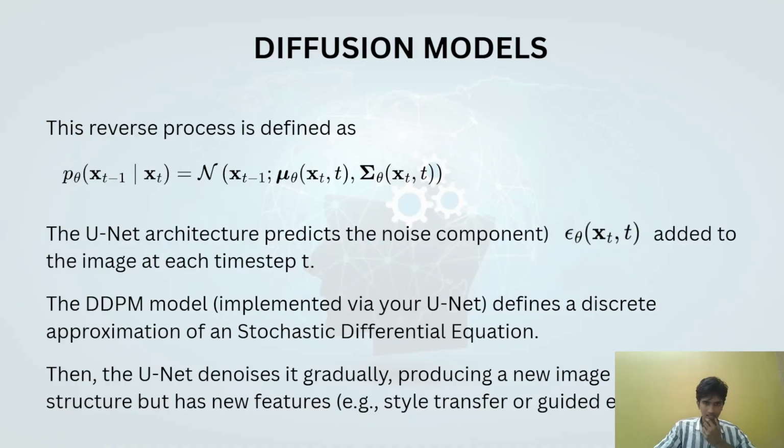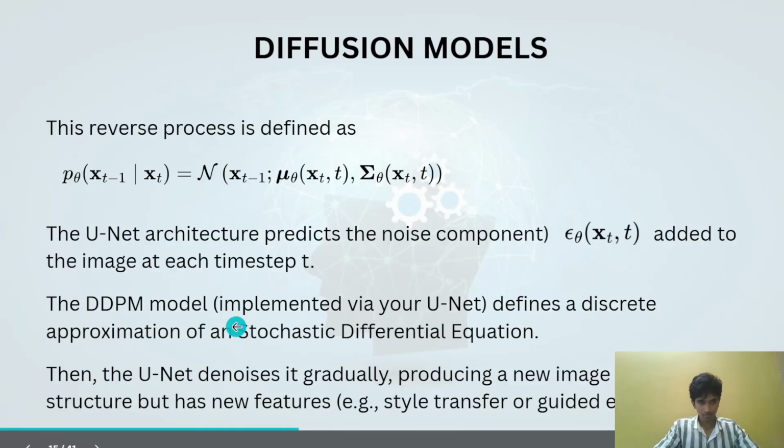The UNet architecture tries to predict the noise component, epsilon theta, added to the image at each time step t, because if it is able to detect the noise, it will be able to denoise the image back to its original form. It varies from t to t. You can think of t as time or time step. It's different for each t, for reasons I explained earlier. So in this project, I have used a DDPM model.